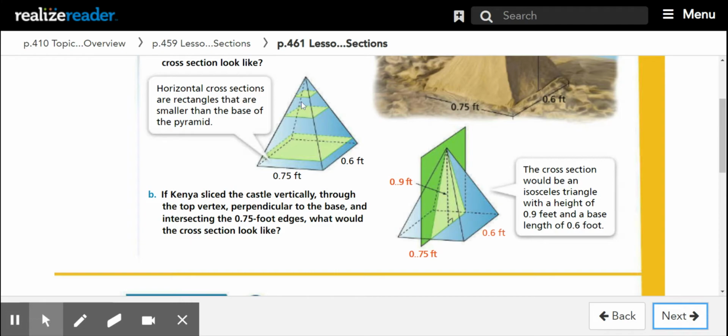So that's why when you take this pyramid and you slice it parallel to its base, it gives you a square as its cross section. But when you take this pyramid and you slice it vertically, you get a triangle.